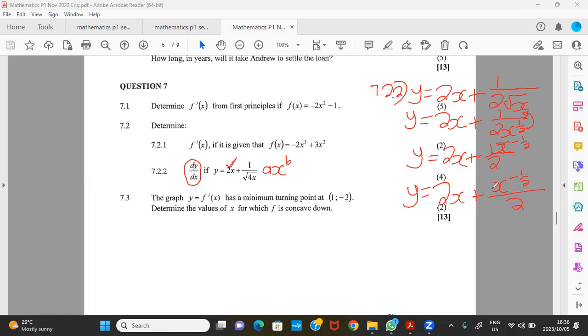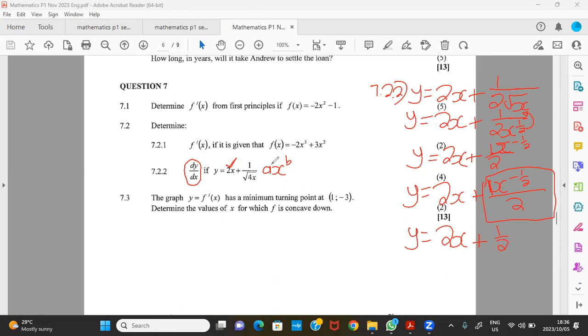But I can change this. How can I change it? I'll say y is equal to 2x plus, already you know that the coefficient is 1, so I'm just going to say 1 over 2. I put it together, right?